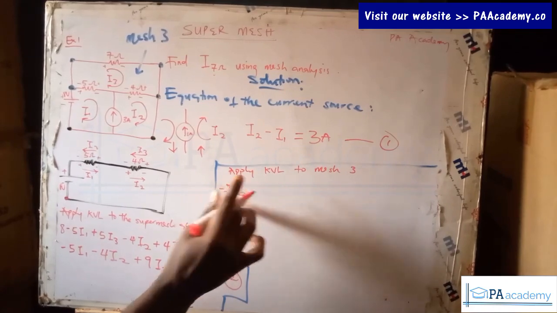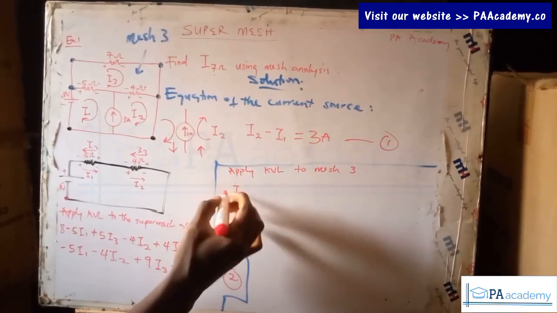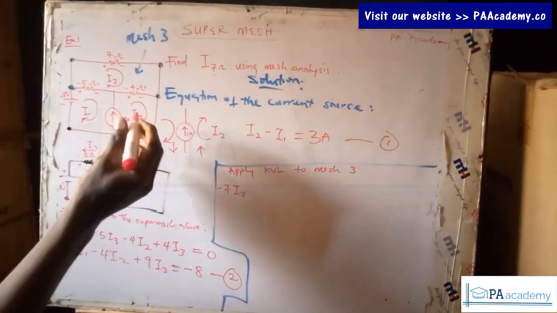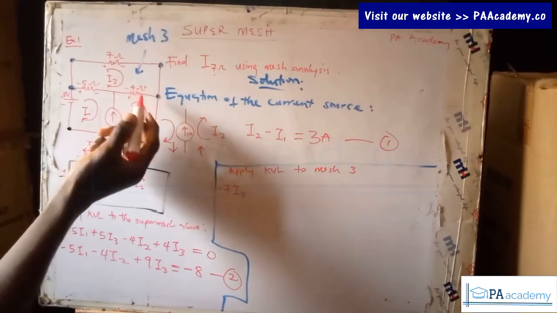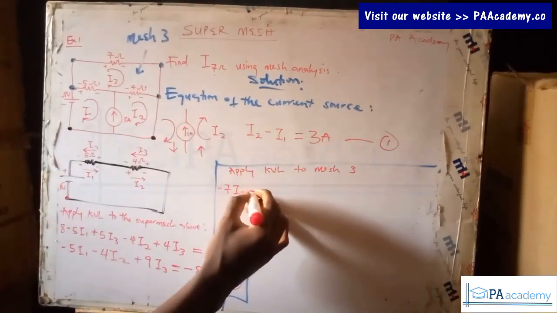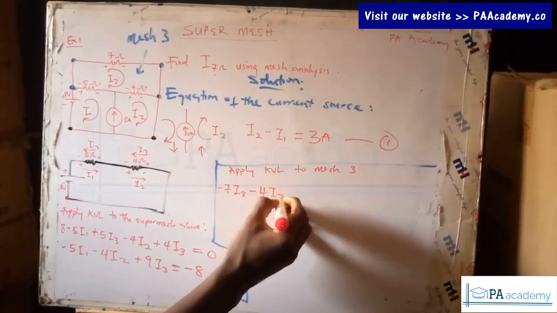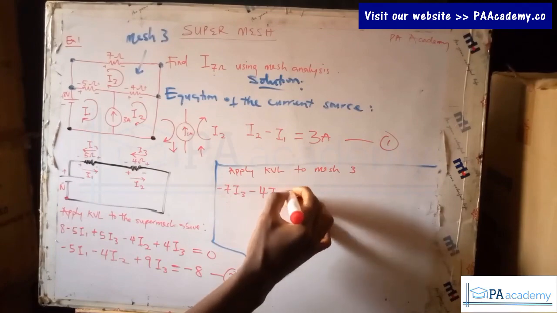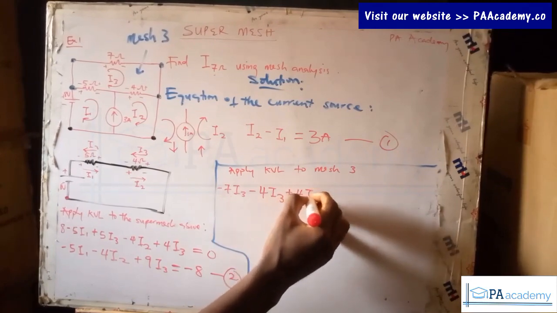This is 7, don't mind my writing. The next one, from positive to negative due to current I3, that's going to be minus 4 I3. From negative to positive due to current I2, that will be plus 4 I2.